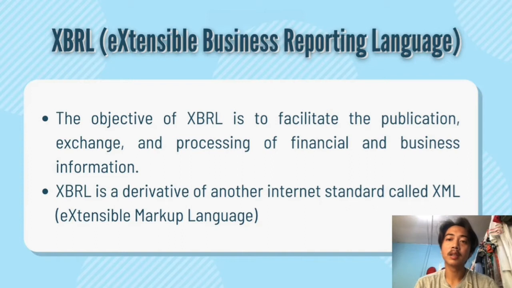XBRL is also a derivative of another internet standard called XML, or Extensible Markup Language. XBRL is an XML-based language that was designed to provide the financial community with a standard method for preparing, publishing, and automatically exchanging financial information, including the financial statements of publicly held companies.